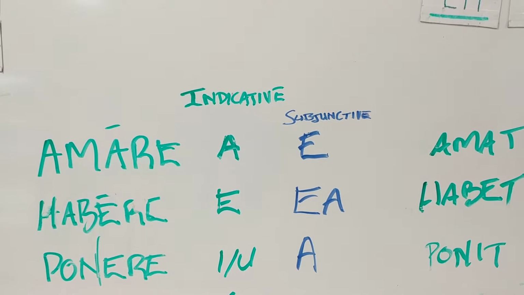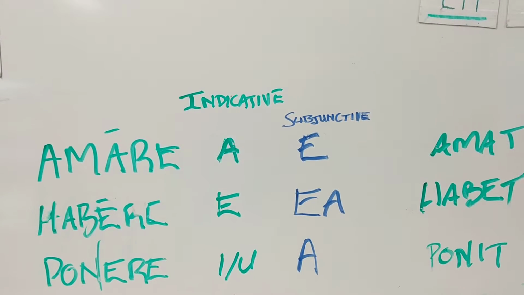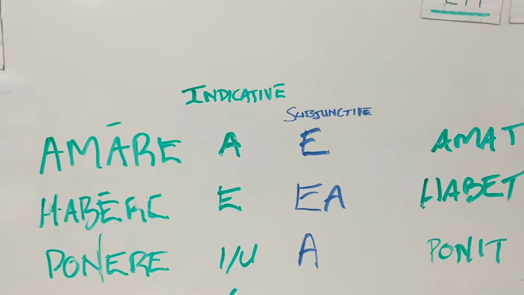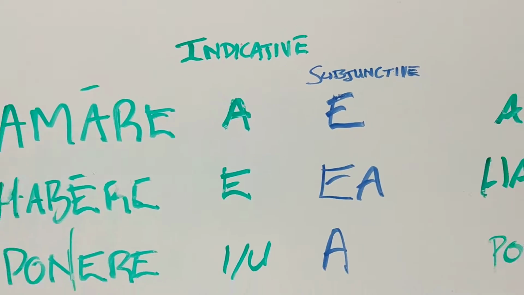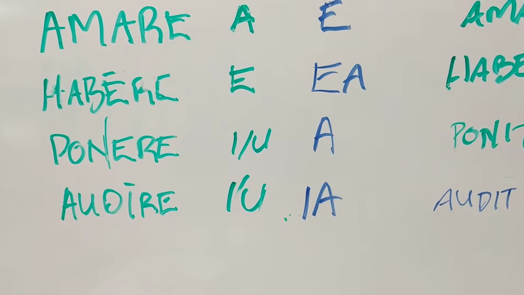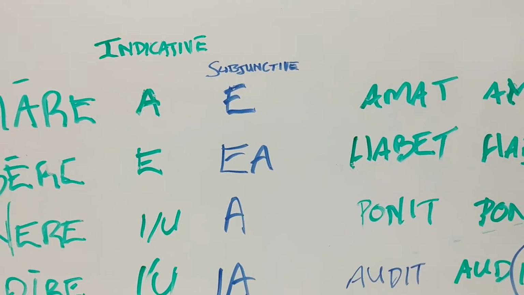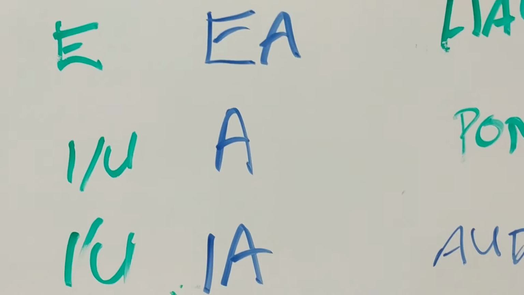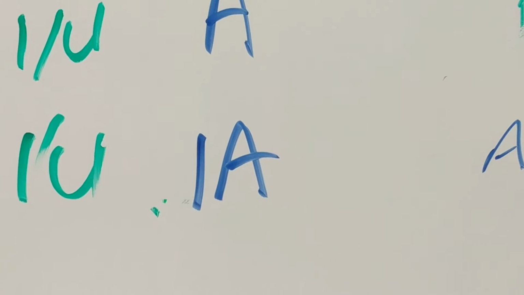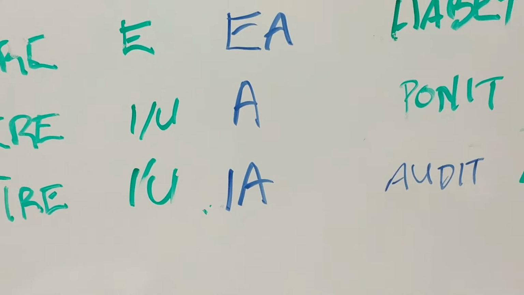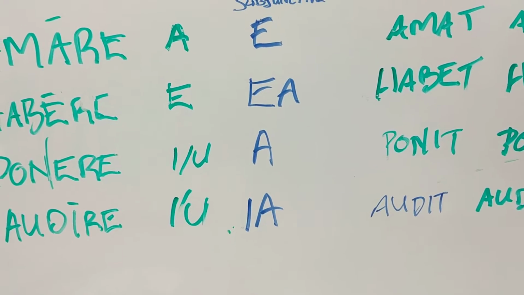Amem means I may love, or I should love. So A, E, I, and I are indicative vowels. They switch to E, EA, A, and in fourth conjugation, IA, when the verb is in the subjunctive.